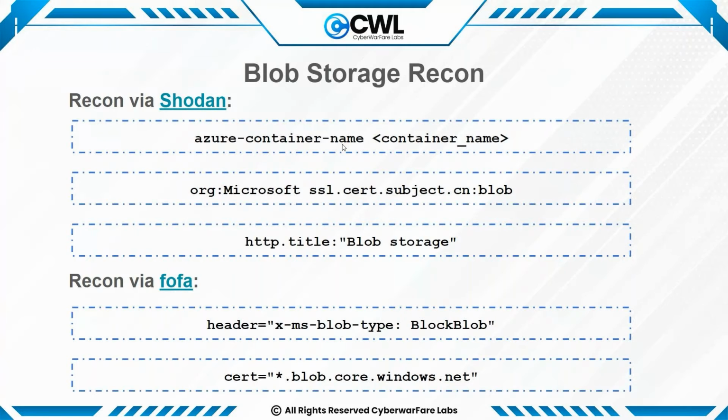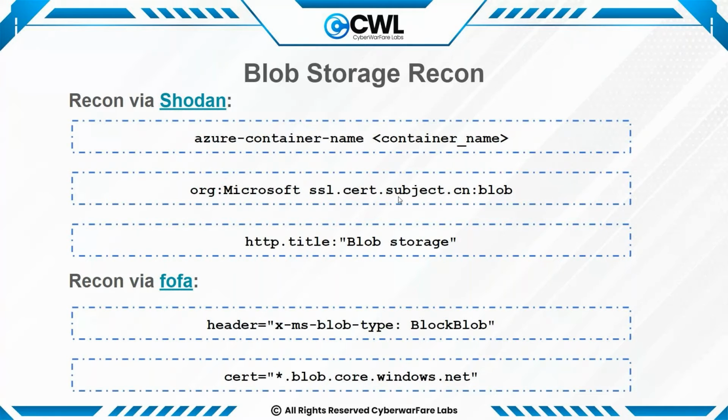In our first Shodan query, we are searching for particular Azure container names. You just have to mention this parameter, Azure container name, and give the name which you want to search here. In the second query, we have two components. First, we have organization, and second, we have ssl.cert.subject.